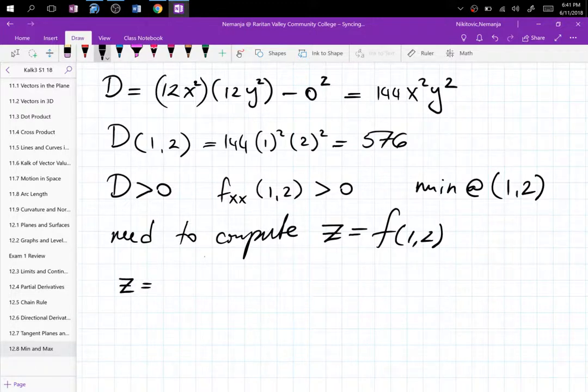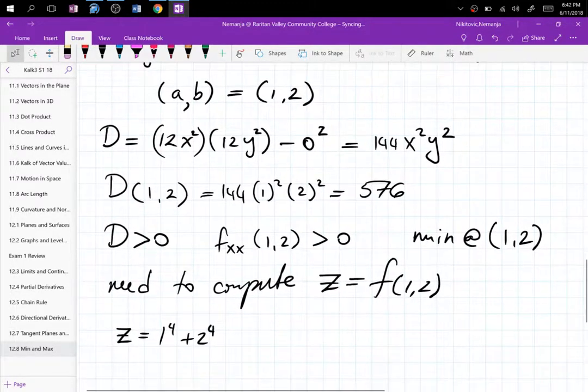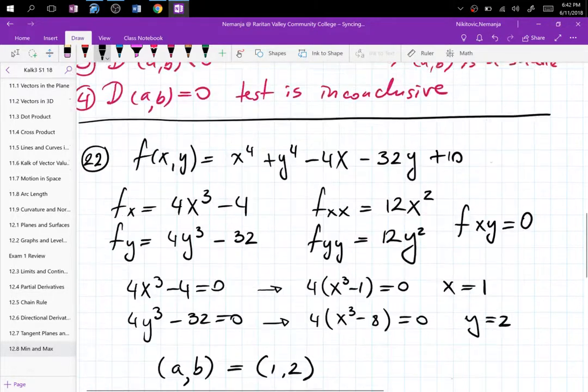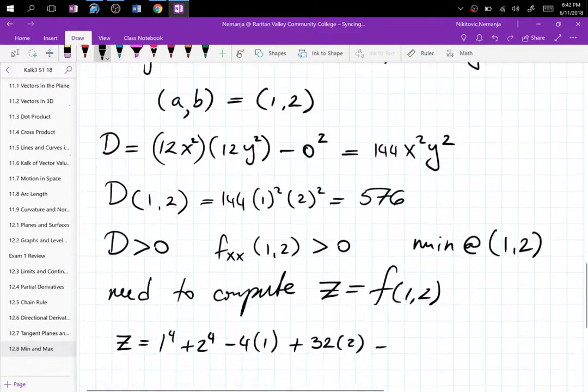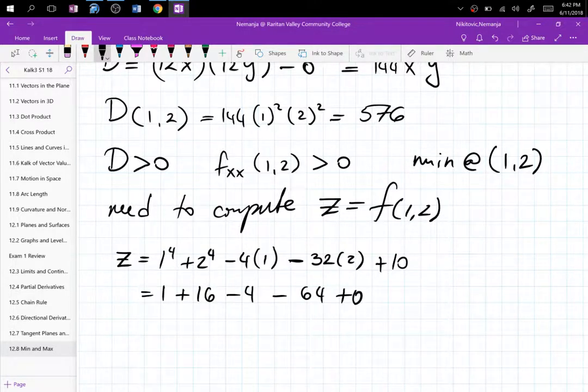So z is equal to 1 to the 4th plus 2 to the 4th, minus 4 times 1, and then minus 32 times 2, and then plus 10. So now we have 1 plus 16 minus 4 minus 64 plus 10.